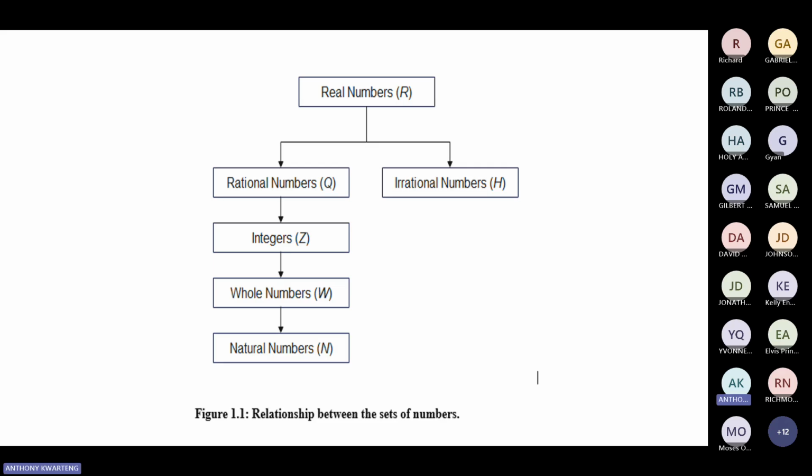So let's start with 1 squared. 1 squared is 1. 2 squared is 4. 3 squared is 9. 4 squared is 16.